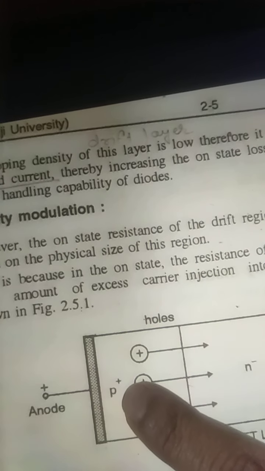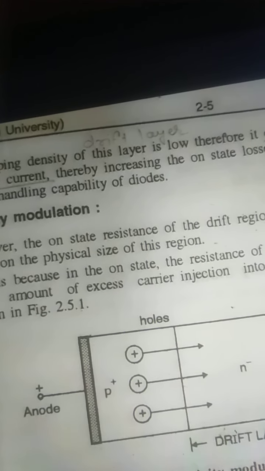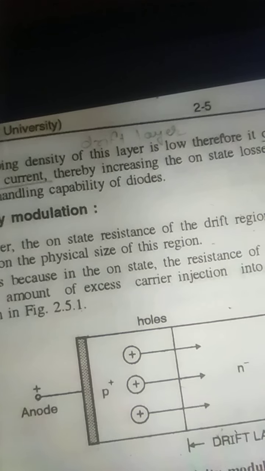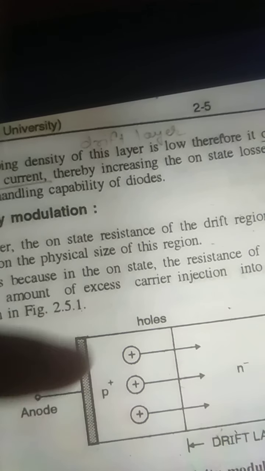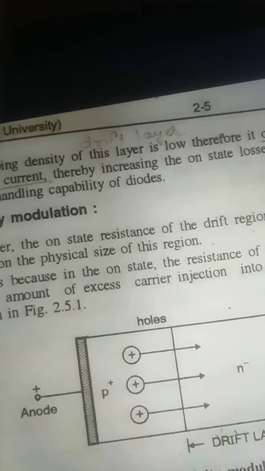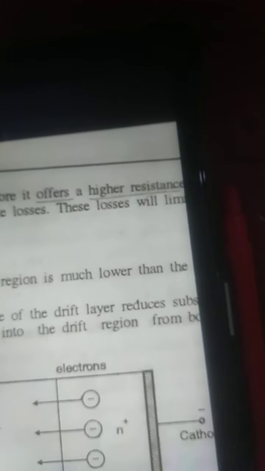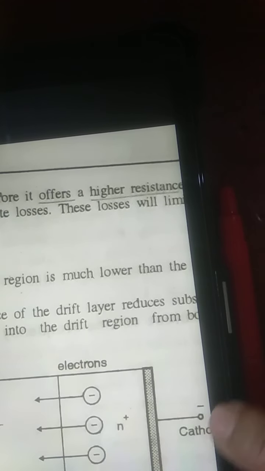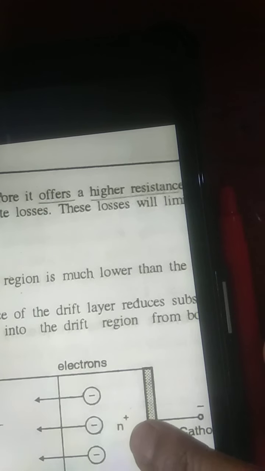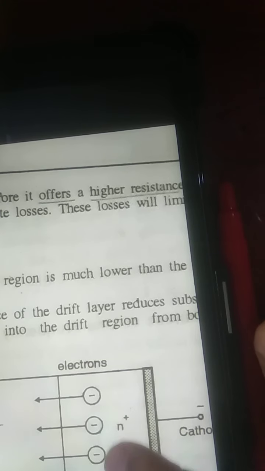See now, here is p plus material. P plus material has more hole concentration. The anode is connected to the positive supply, and positive supply and holes repel each other. To the cathode the negative supply is applied, and here n plus material is there, that means electrons, negatively charged particles, are there.